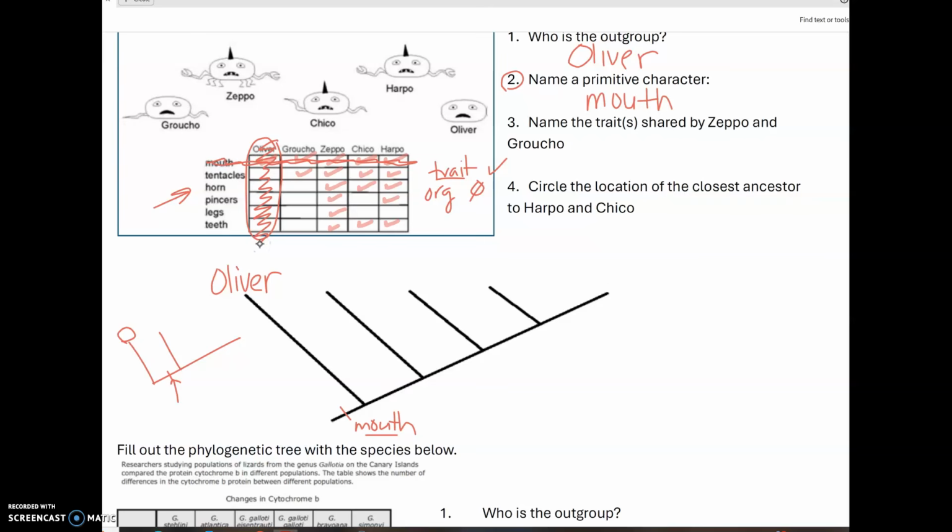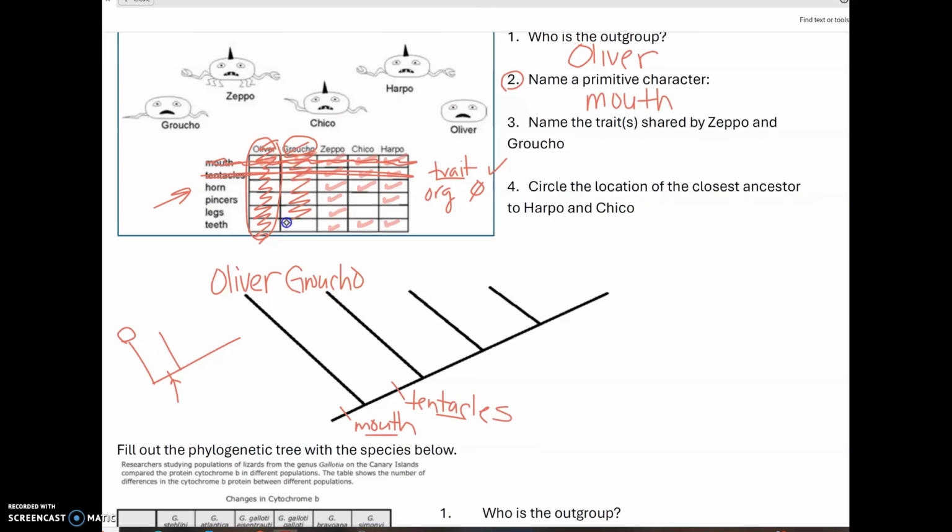Now we're looking for a trait everybody has, and I see that everyone else in this tree has tentacles. So tentacles is going to be my second trait because everyone past this point has that trait. Cross that out. And now, going back, we're looking for an organism. We see that Groucho does not have any other traits past this point. He only has the mouth and the tentacles, and so he goes here.